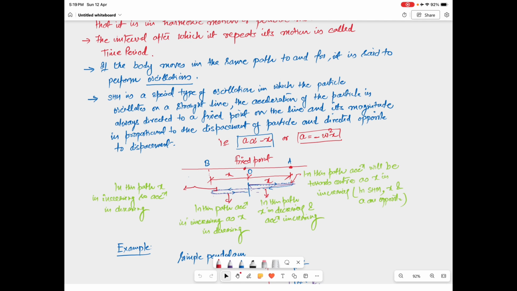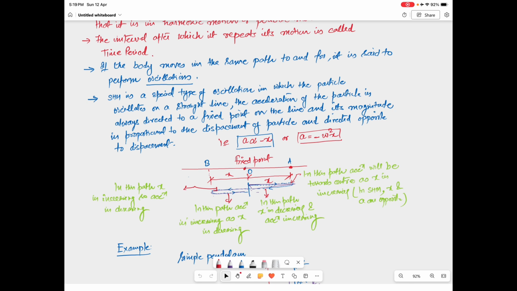So, I will once again repeat, the acceleration is directly proportional to the displacement and its direction is opposite to it. So, a is directly proportional to minus x.